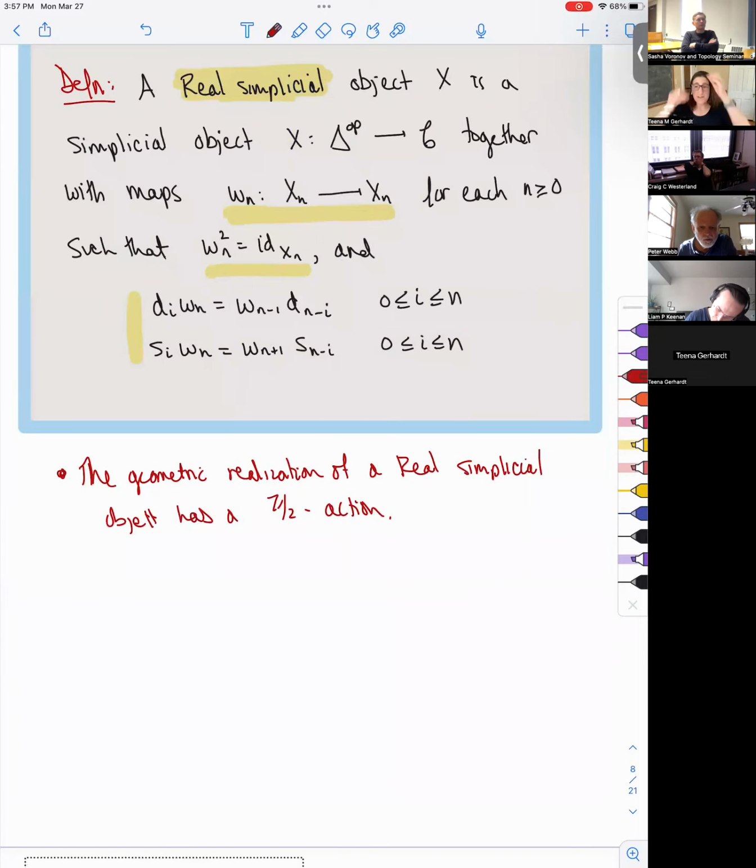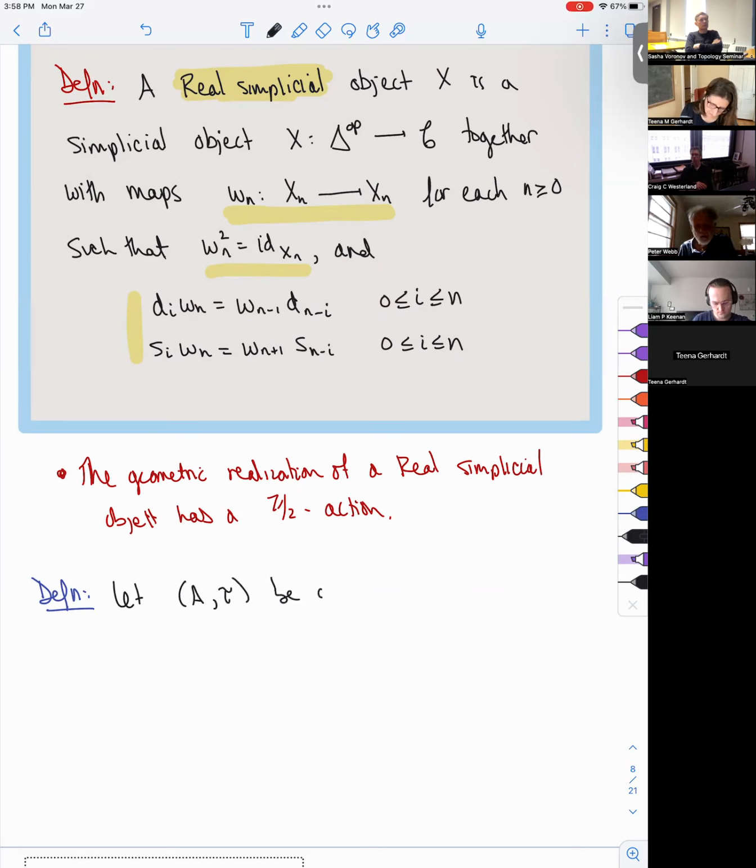Okay, so what I want to do now is define real topological Hochschild homology for you. We talked about the cyclic bar construction. To define THR, I need another version of that, which is called the dihedral bar construction. So I'm going to tell you what the dihedral bar construction is. The input for this is one of these ring spectra with anti-involution.